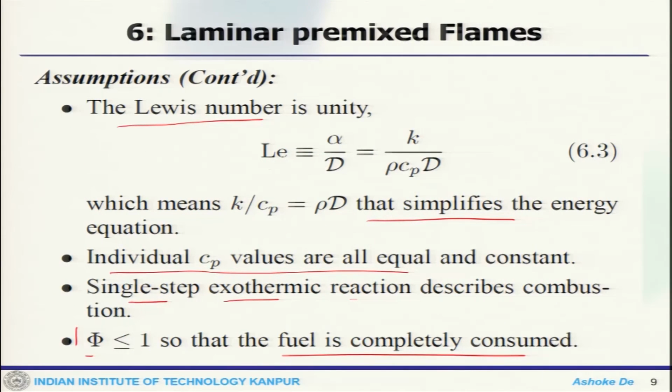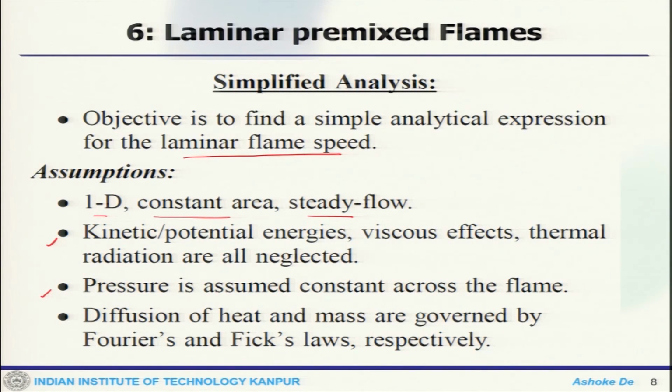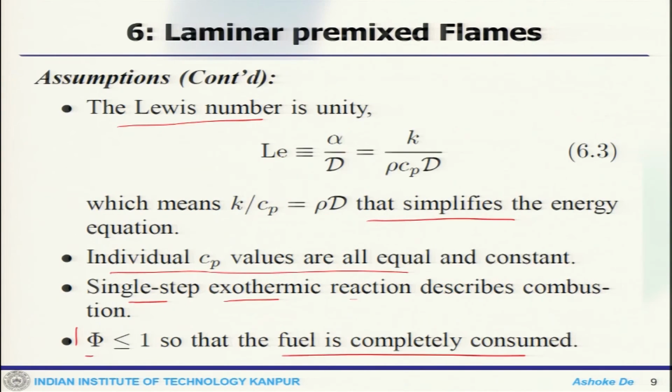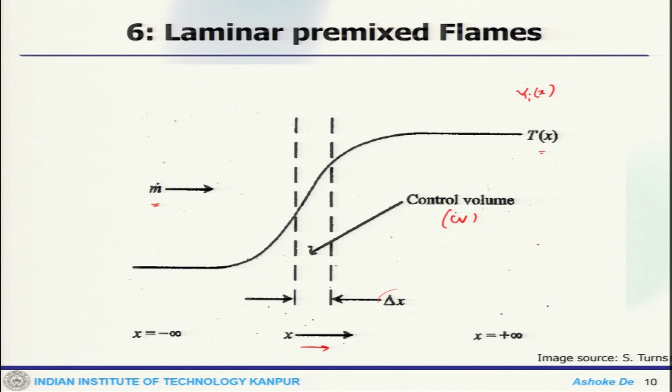So the important conclusions are: it is 1D constant area steady flow, kinetic and potential energy are neglected, thermal diffusion and mass diffusion occur at the same rate, individual Cp values are equal, and the reaction is one step global kinetics.